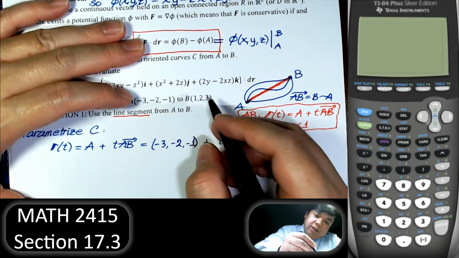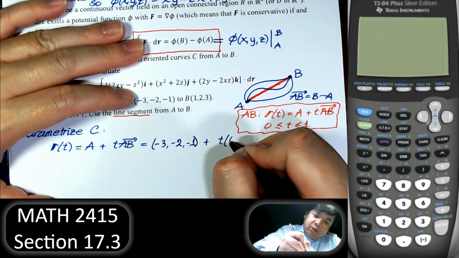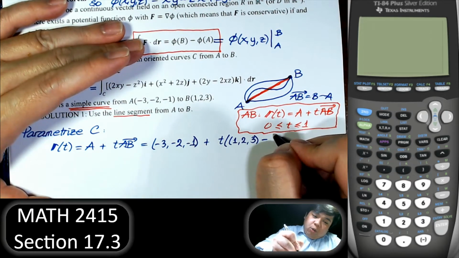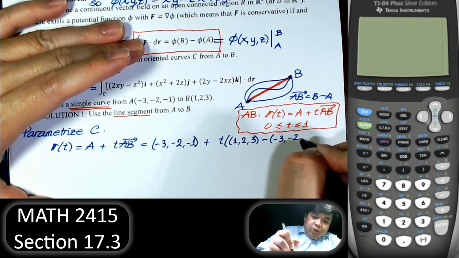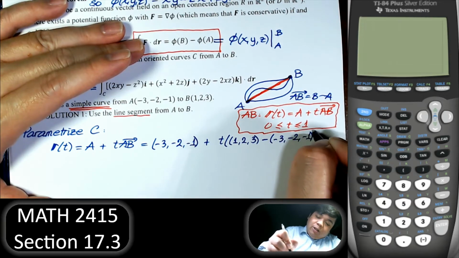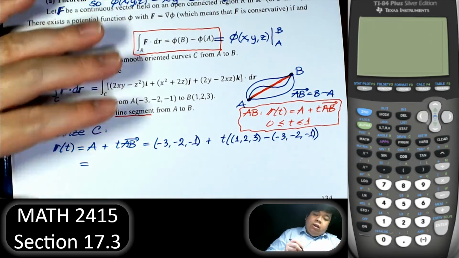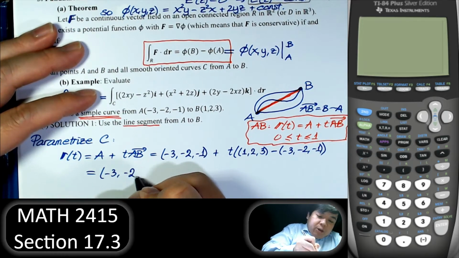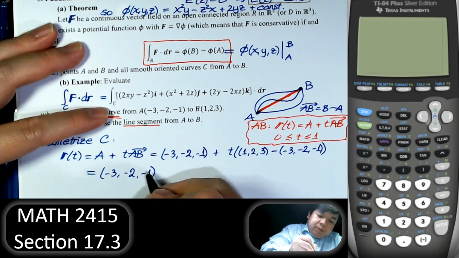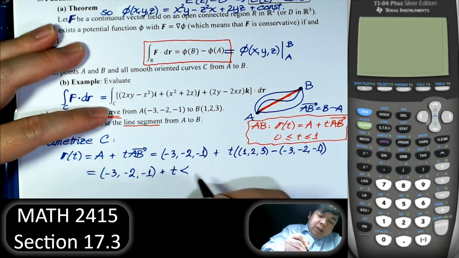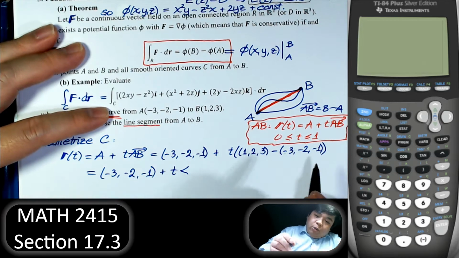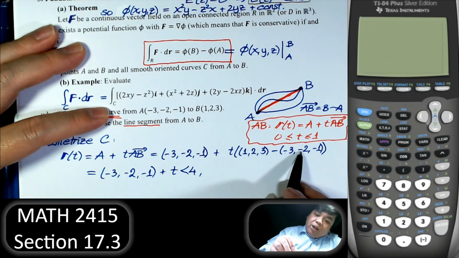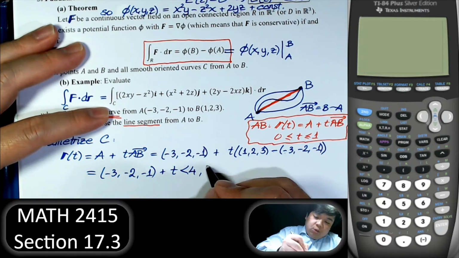So we have the final point 1, 2, 3 minus the point -3, -2, -1. So that gives us what? 1 minus -3, so that is 4. 2 minus -2, that is also 4.